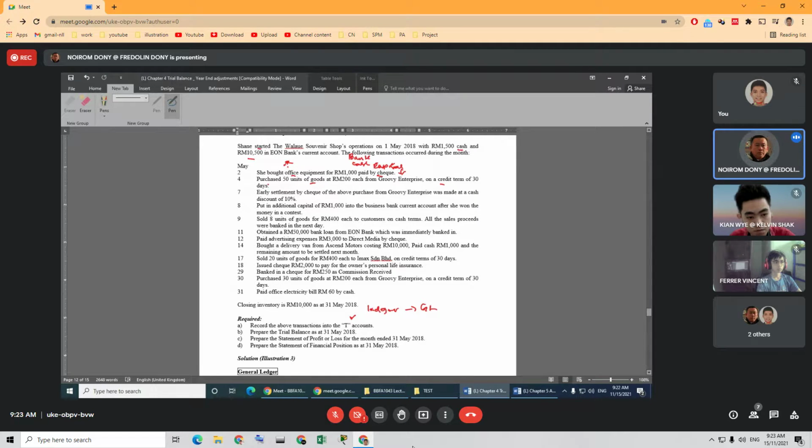So the keyword, purchases and Groovy trade payable, Groovy Enterprise.